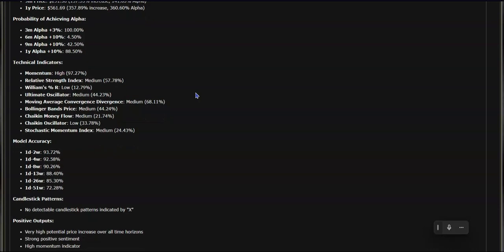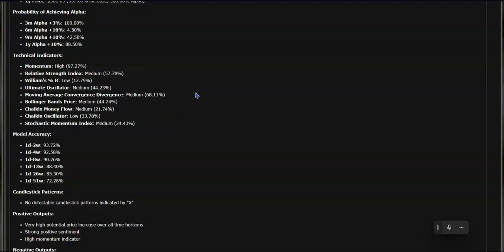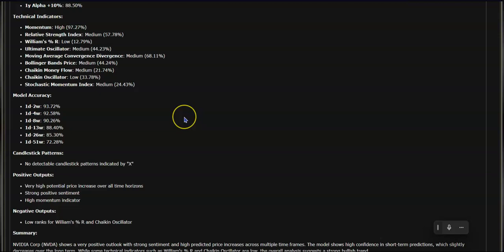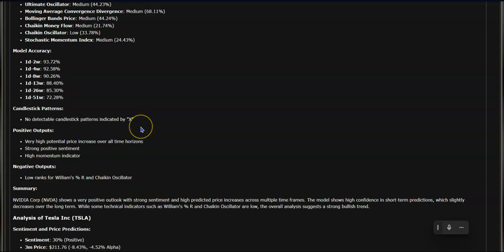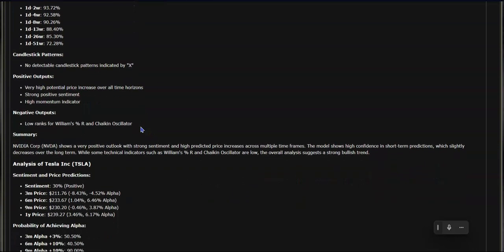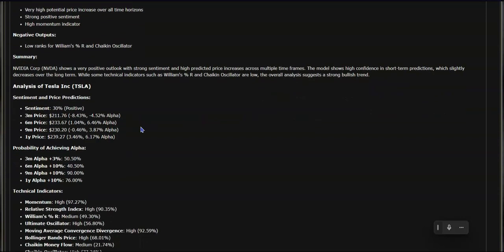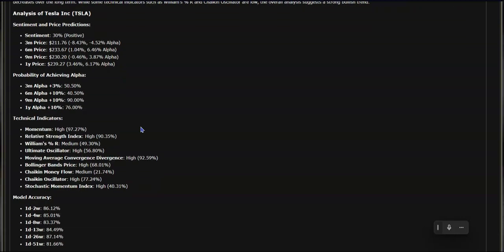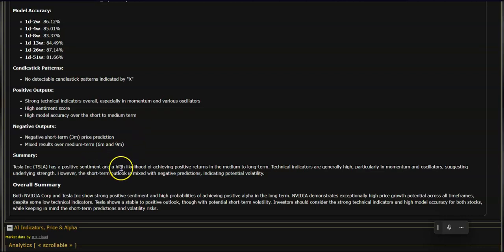And right now, the most important ones have been picked out in terms of whether the pattern is high, medium, or low for that particular indicator, model accuracy, if there are any candlestick patterns detected, positive outputs, negative outputs, and then summary, and then moving on to Tesla and looking at those same outputs. Getting a summary and then an overall summary for NVIDIA and Tesla.